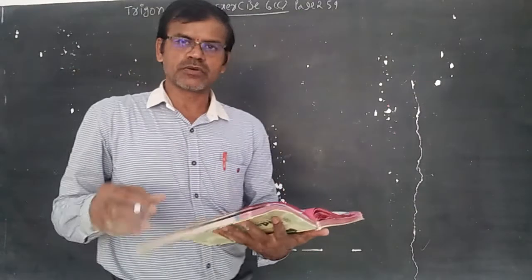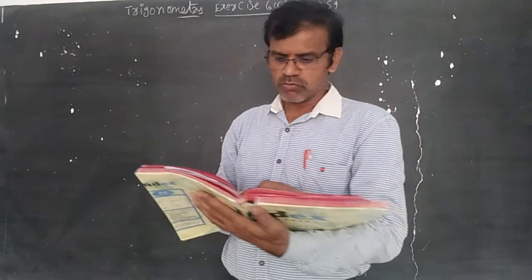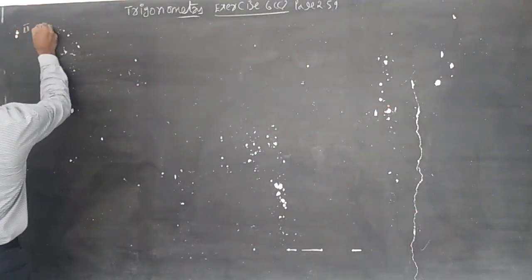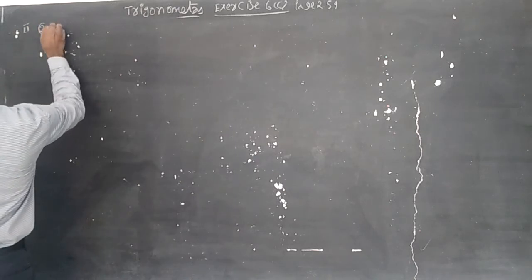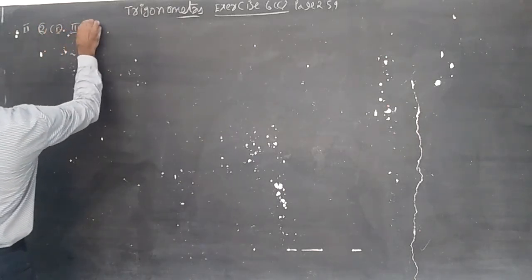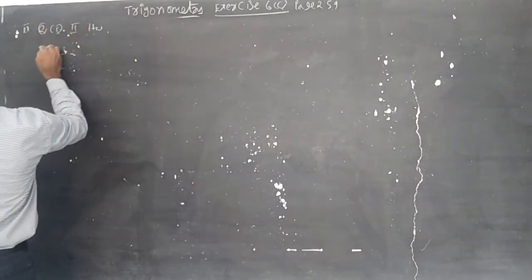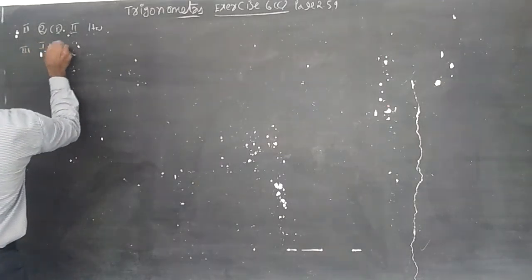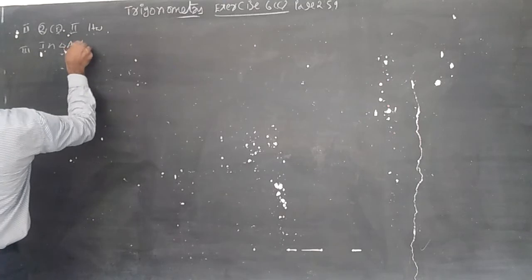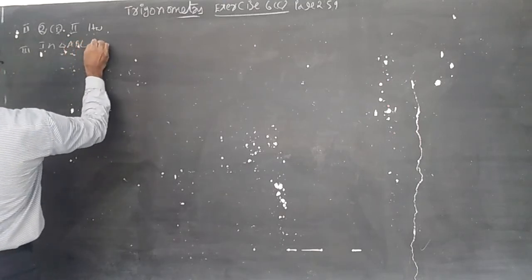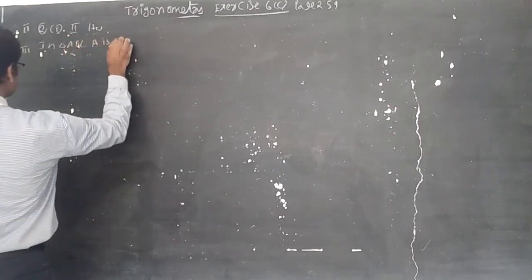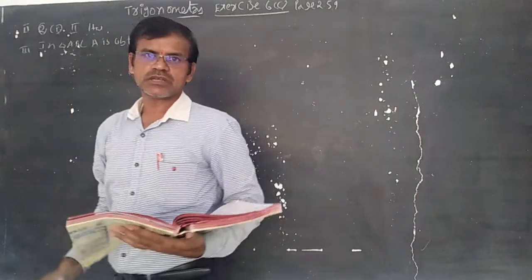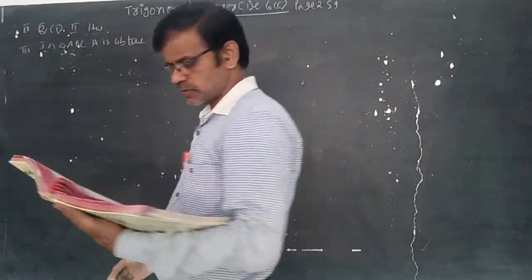Students, in Roman number 2, the first one we have completed, 5 sums. In Roman number 2, the second one, the first and second expansions I gave as homework already. And the third one: in triangle ABC, A is obtuse.